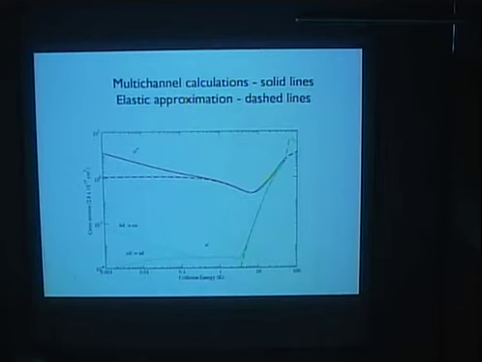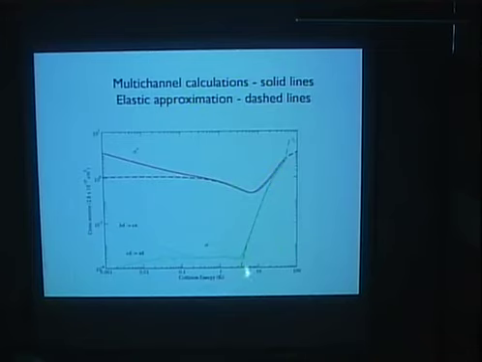At very low collision energies, on the order of below 1K, multi-channel effects begin to manifest. Here we see the breakdown of the elastic approximation, and we also note that the cross-sections fragment into components corresponding to the various hyperfine states of the two-atom system. Luckily for us, in regions of astrophysical interest, which is somewhere in this region, the dashed line over here corresponds to the calculations given by the elastic approximation of Dalgarno.